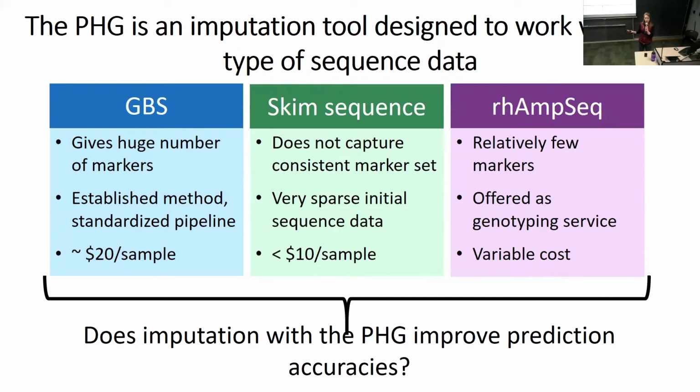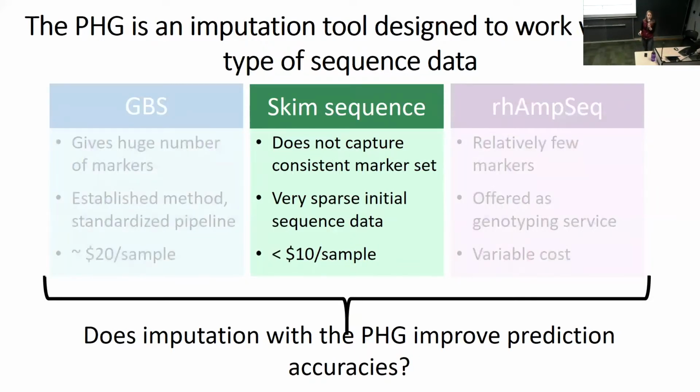This year I'm not going to show you GBS data with the practical haplotype graph, but I am going to use that GBS data as our baseline. We know that GBS is a really effective technology, and so we're always trying to get prediction accuracies with new technologies that are at least equivalent to that, okay?